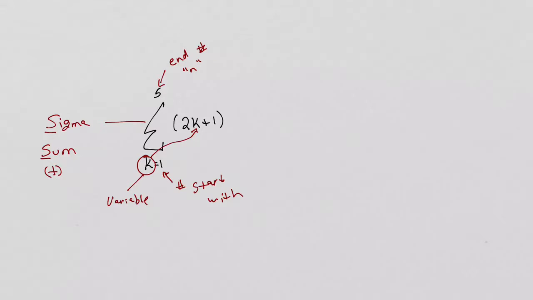Now, what we're going to do is count by natural numbers. We start at 1, and we're going to end at 5. The way we do this is we plug 1 into this equation. We do 2 times 1 plus 1, plus, now after 1's done, we go to 2.